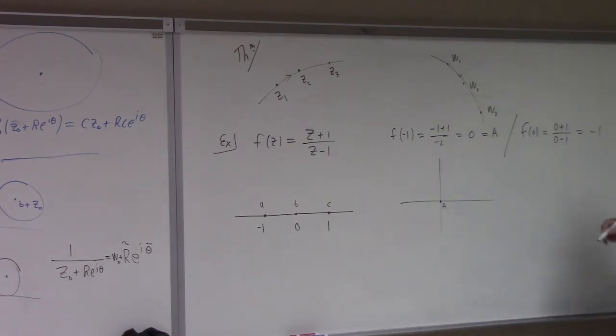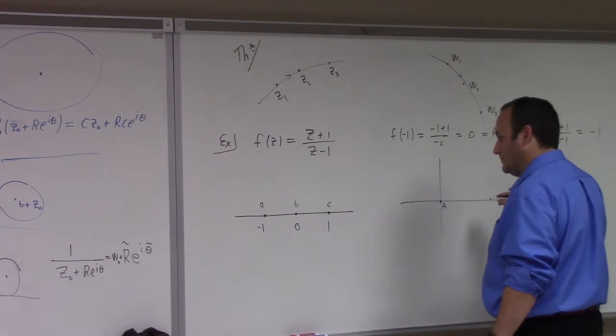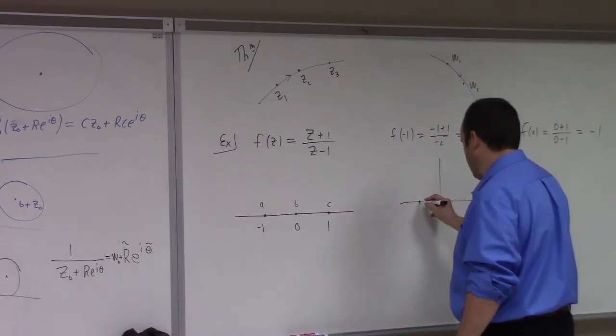Looks like we got minus 1. I think the image of 0 under this map is minus 1. So where's that? Here, I suppose.